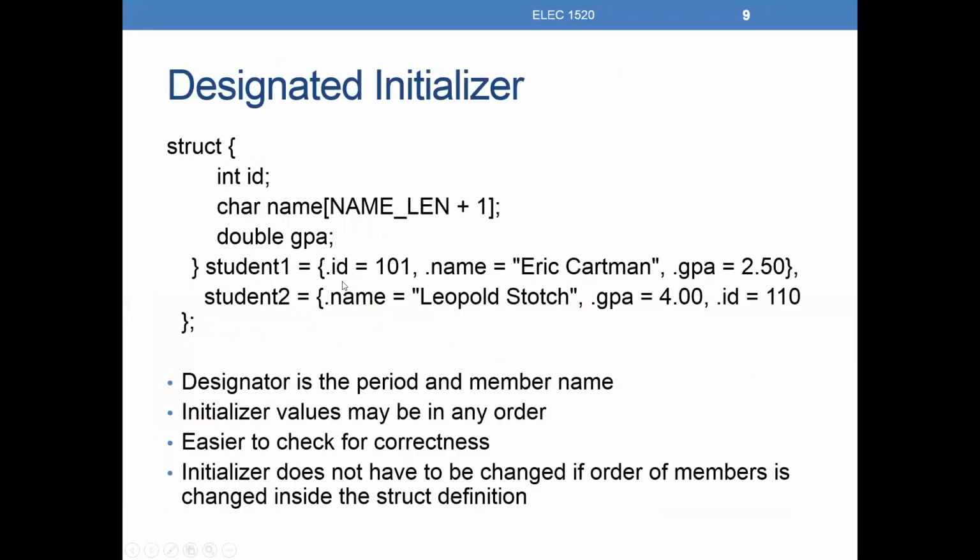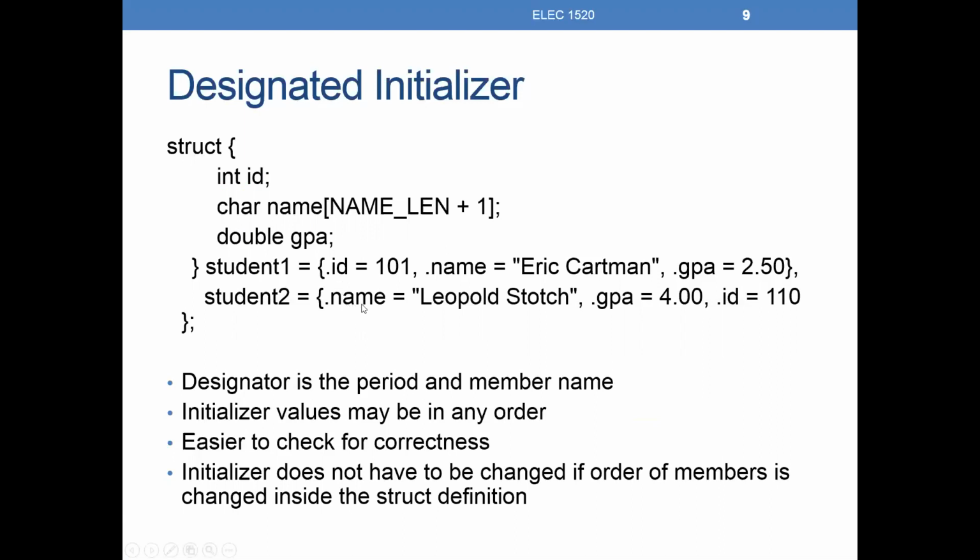Otherwise, you can specify what you want to assign by designating it. In this initializer list, if you say .id equals 101, then the ID field will get 101. .name, Eric Cartman, we can assign that. .gpa. And when you use these designated initializers, you don't have to initialize in order.